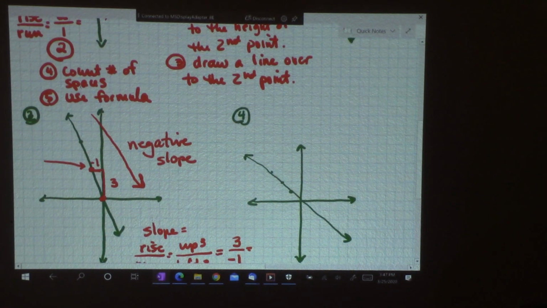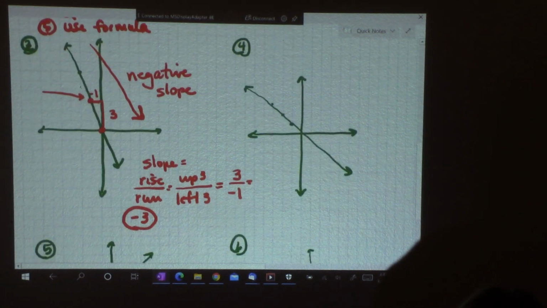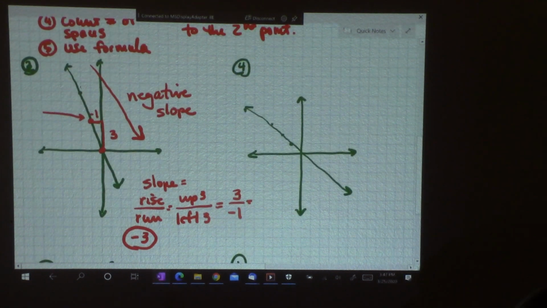All right, let's do number 4. Okay, so I'm going to pick 2 points. I'm going to pick this one and this one. And then I'm going to go up and left. And how many did I move? I went up 1 and I went left 1. So that's negative 1.